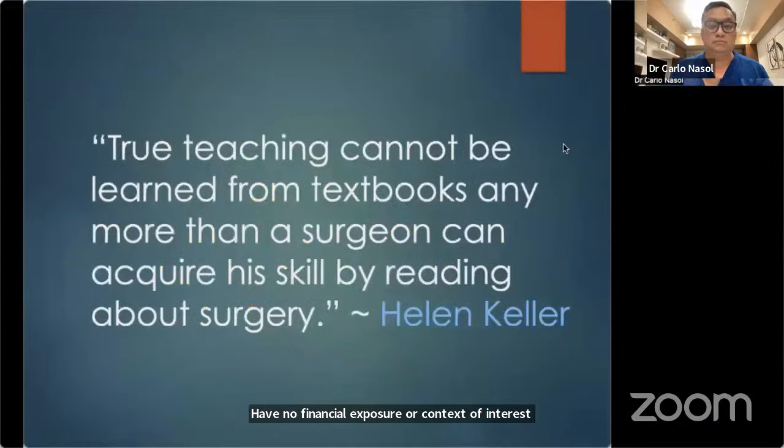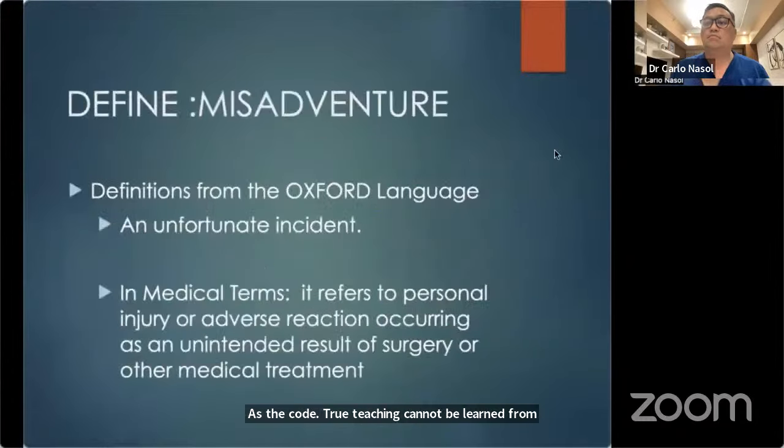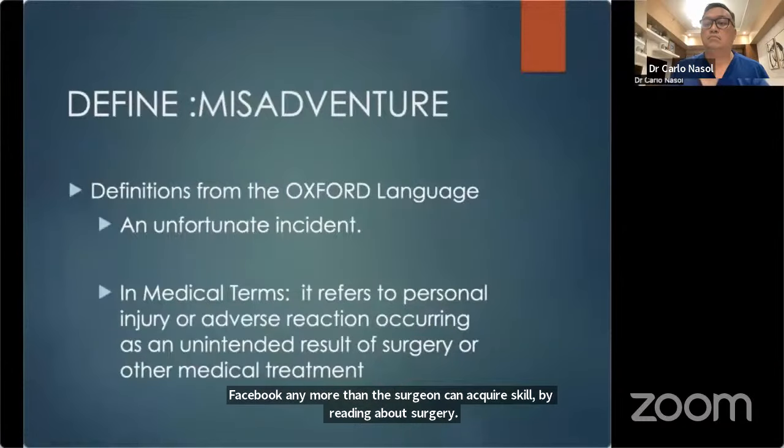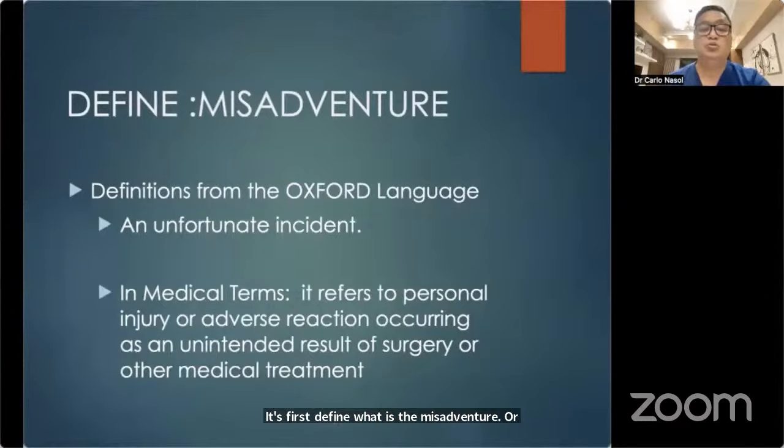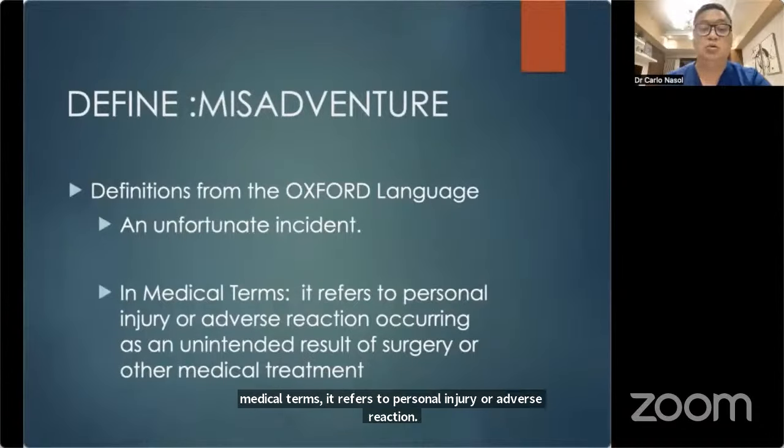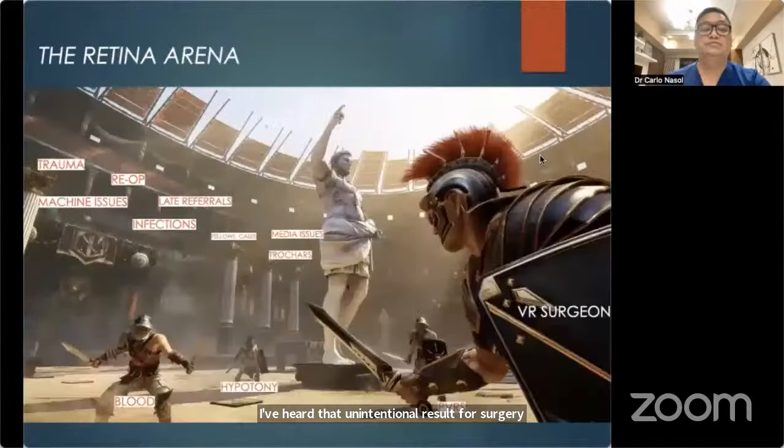As a quote, true teaching cannot be learned from textbooks any more than a surgeon can acquire skill by reading about surgery. Let us first define what is a misadventure. A misadventure is a very unfortunate incident, or in medical terms, it refers to personal injury or adverse reaction occurring as an unintentional result of surgery or other medical treatment.